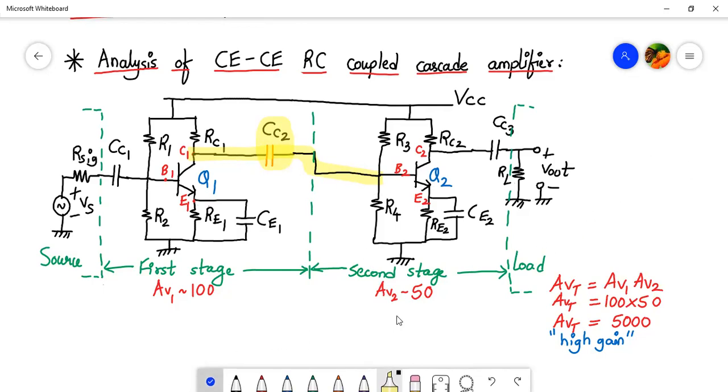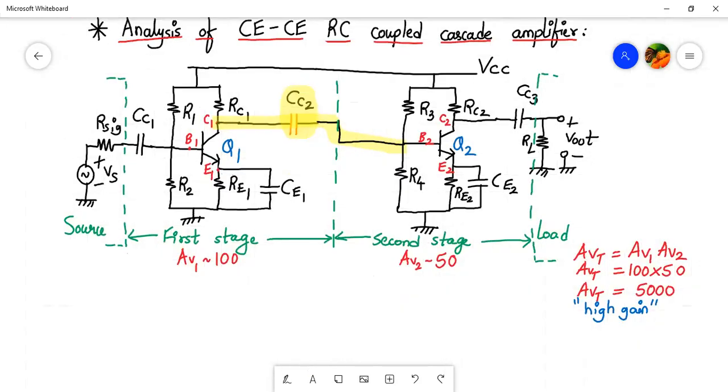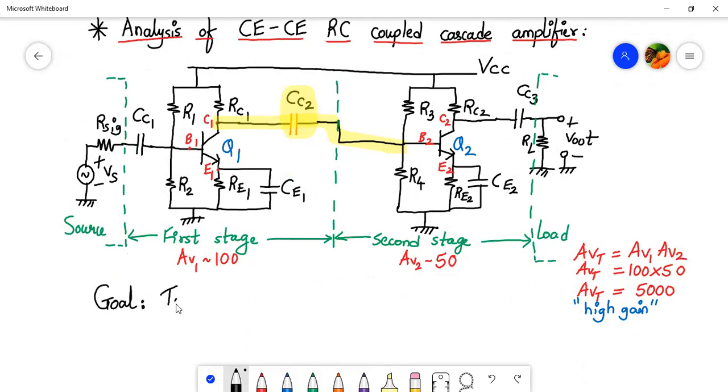Fine. Now let's move forward, and for analysis purposes we have a goal. Our goal is to estimate the input impedance R in, the output impedance R out, and the voltage gain AV. So for all cascade amplifiers, we have to find these three.